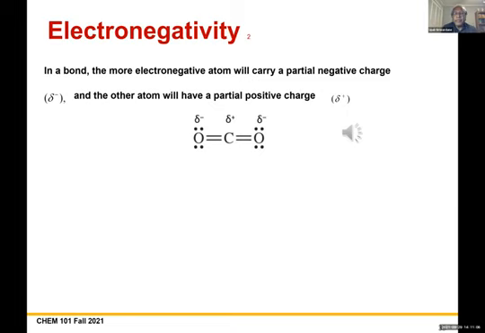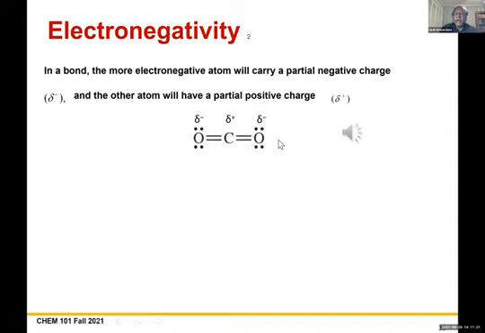If you look at carbon and oxygen, oxygen has higher electronegativity. Oxygen is to the right side of carbon in the periodic table. So there are polarities, negative polarity on oxygen and positive polarity on carbon.